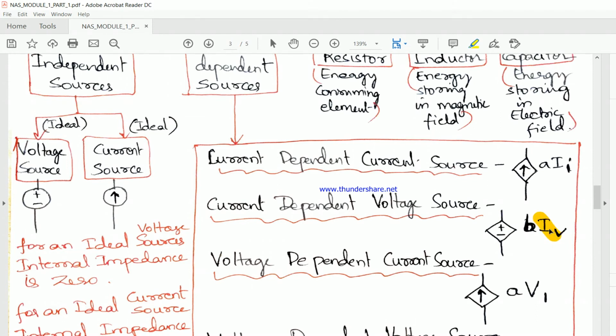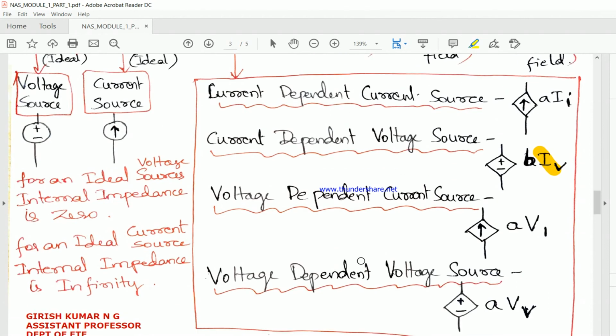Therefore, this is a current dependent voltage source. Similarly, the next symbol is an arrow, which means it is a current source, but the value here is voltage. Therefore it is a voltage dependent current source.